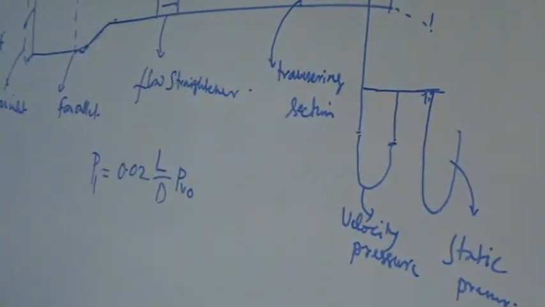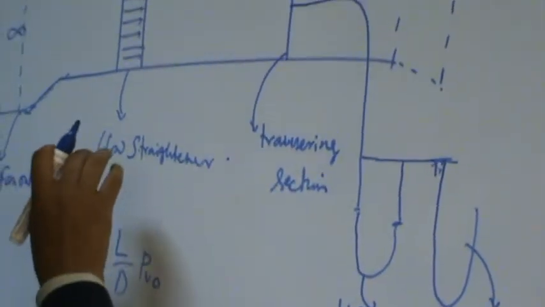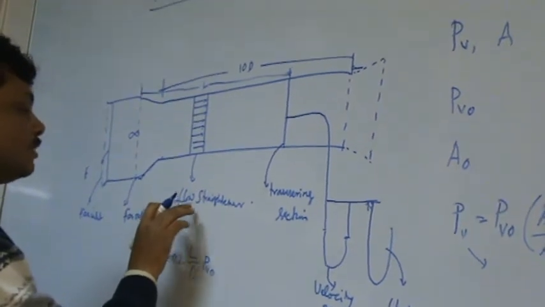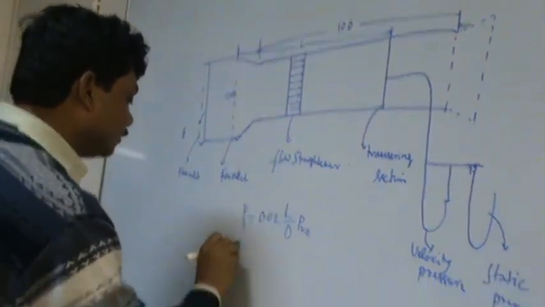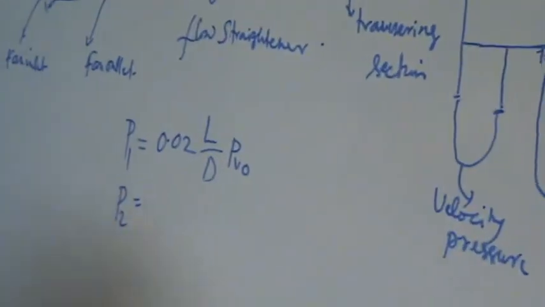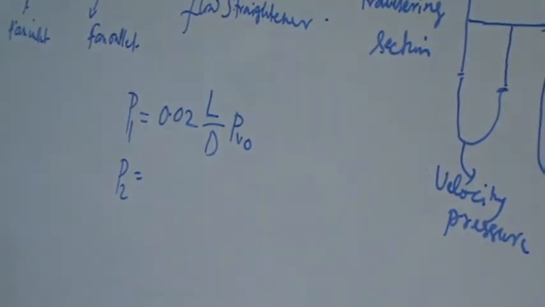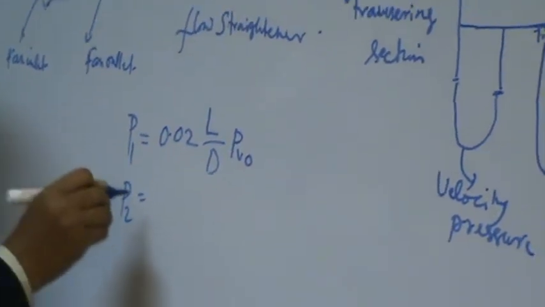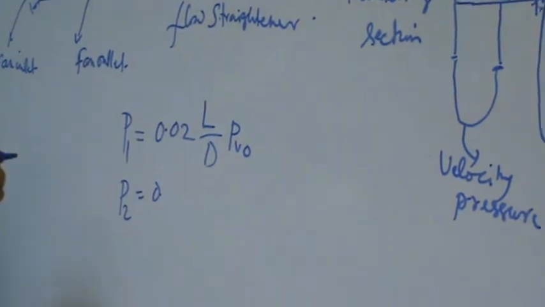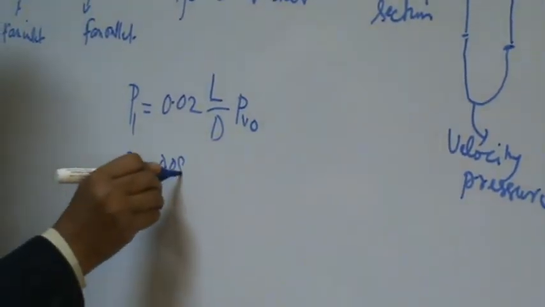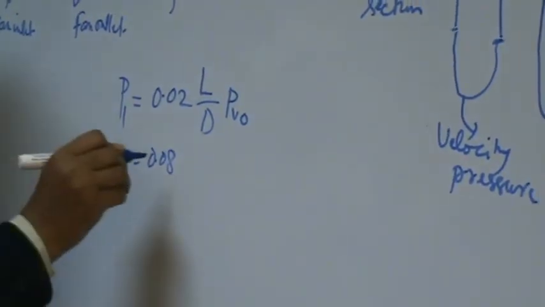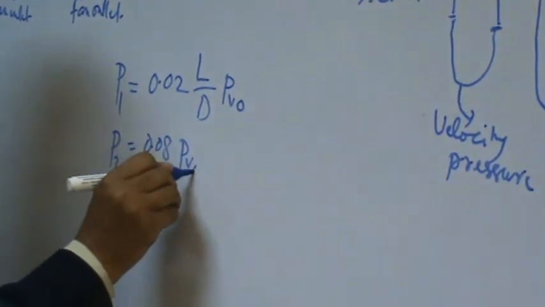And also we can find out the losses in the flow straightener, P2, by using a standard formula, P2 equal to 0.08 PV0.